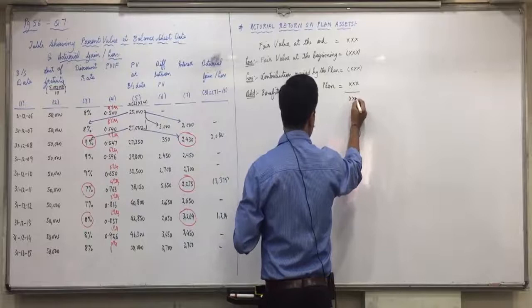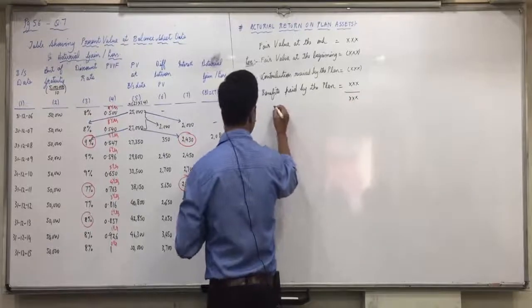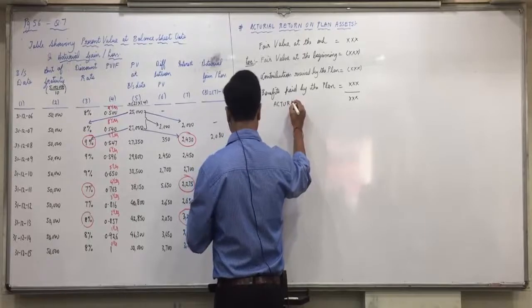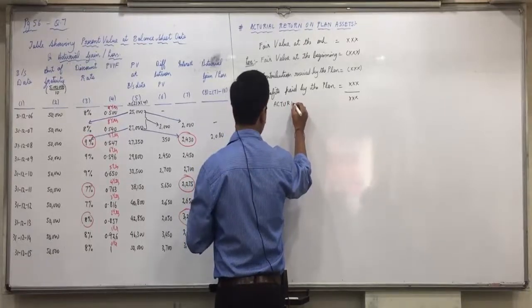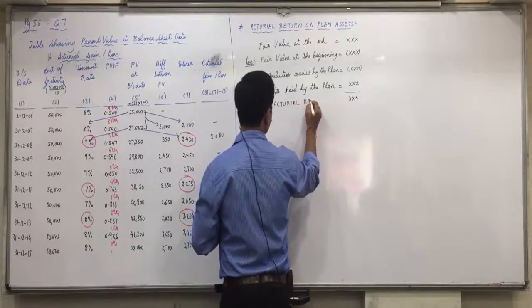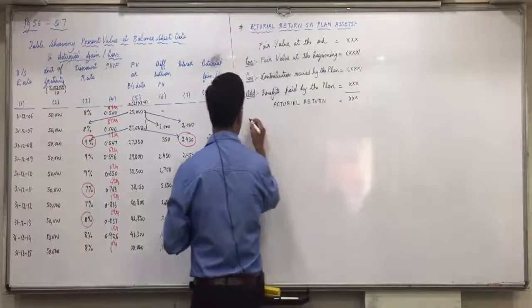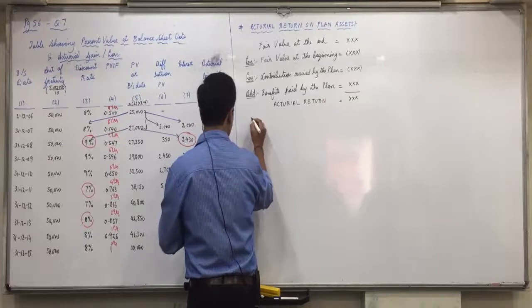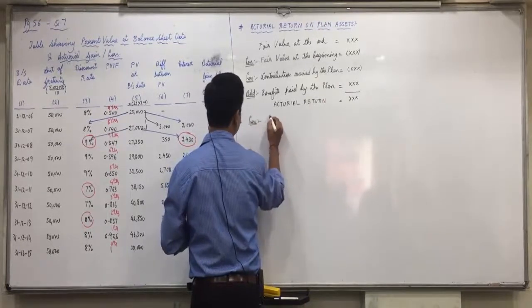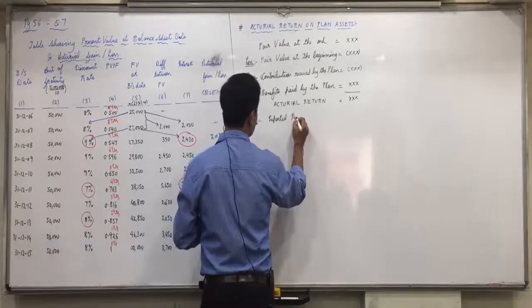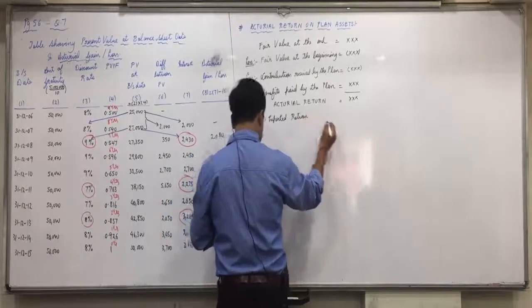The result you get is actuarial return. And then you compare it with expected return.